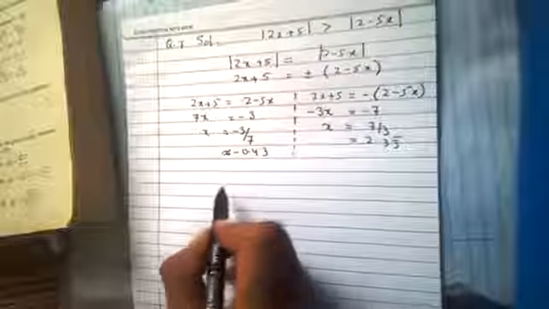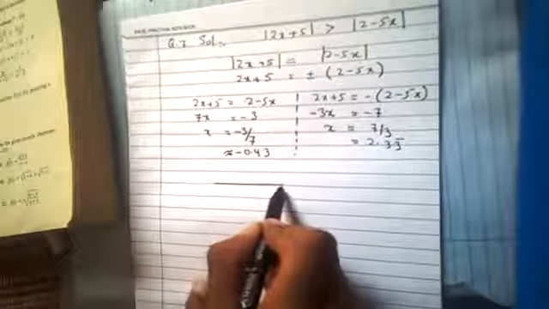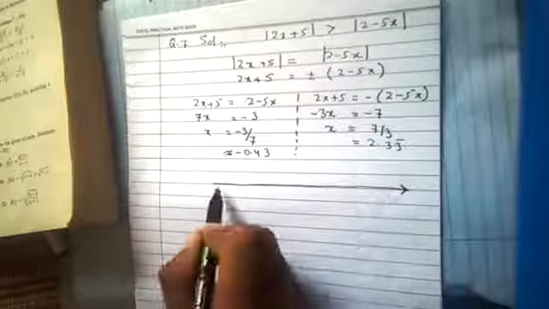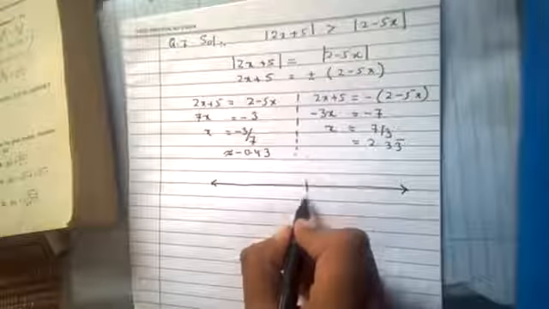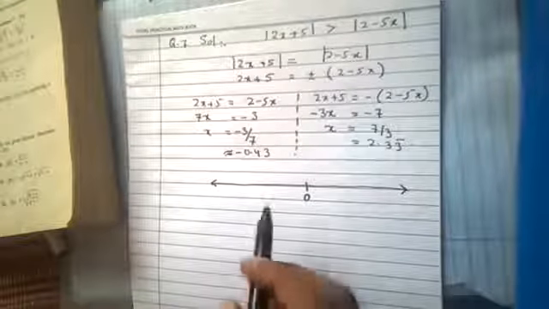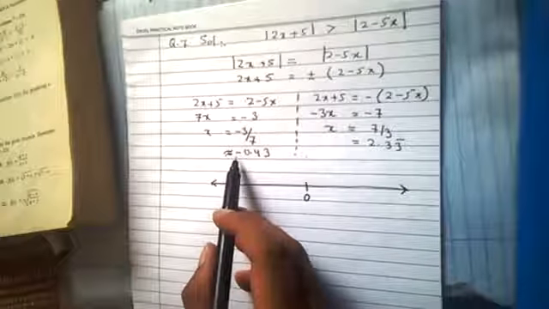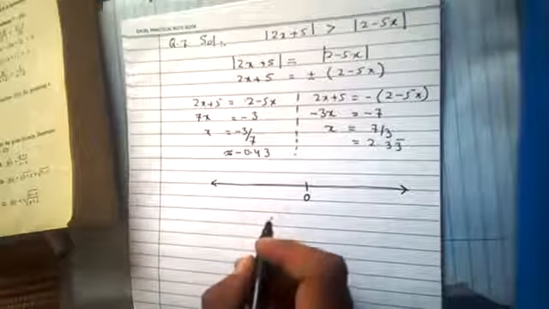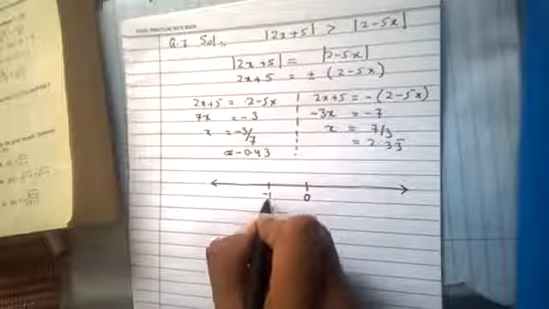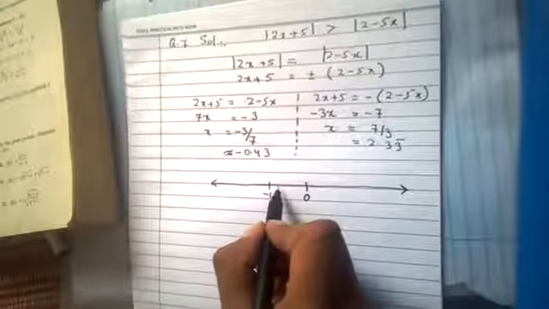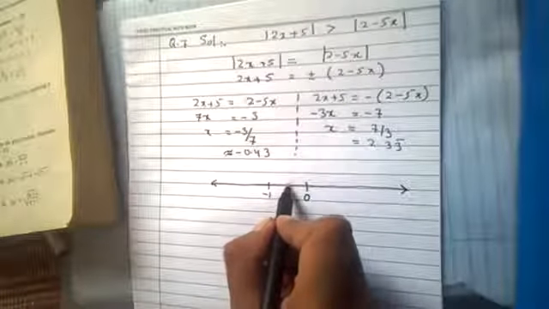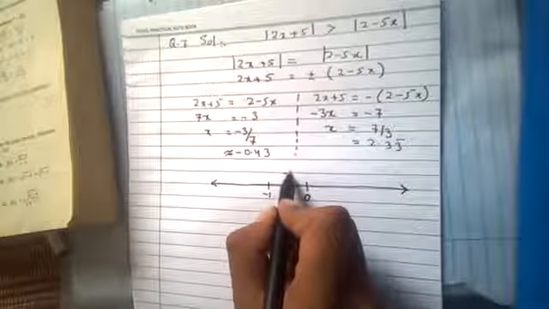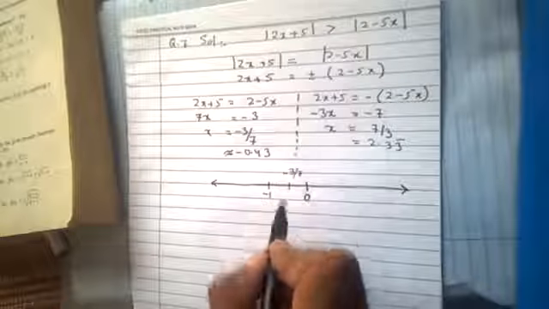Now we will draw a real line, and the origin is placed at the center. One boundary point is minus 0.43. Here it is minus 1, and minus 0.43 becomes somewhere between here, and this is minus 0.43, which is minus 3 by 7.